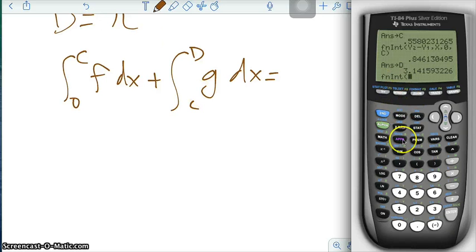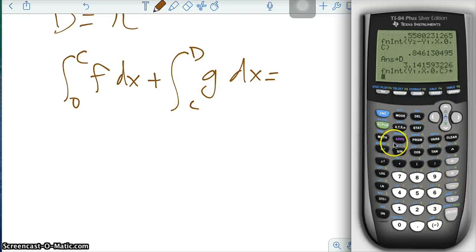Function F would be vars, then function F, the first one, with respect to x, lower boundary 0, upper boundary C. If you don't remember, take a look right here. C. And then close it, plus the second integration back to back. I'm going to push 9 the shortcut way.